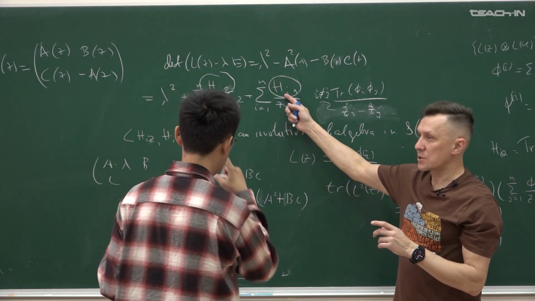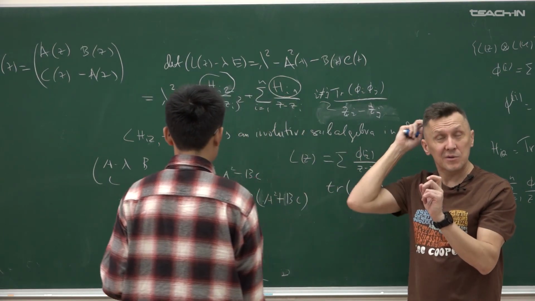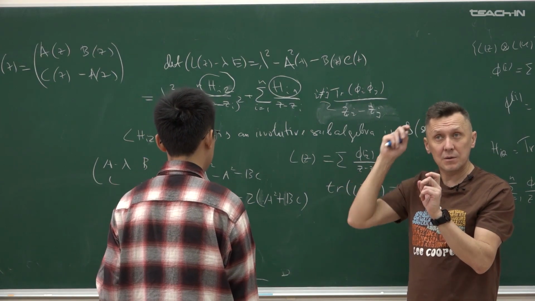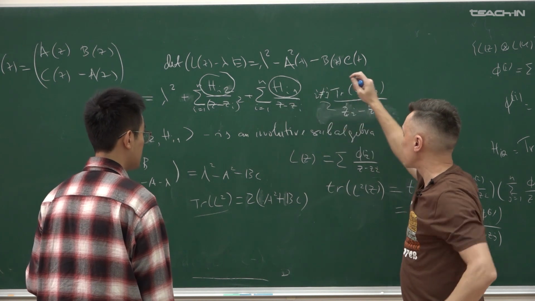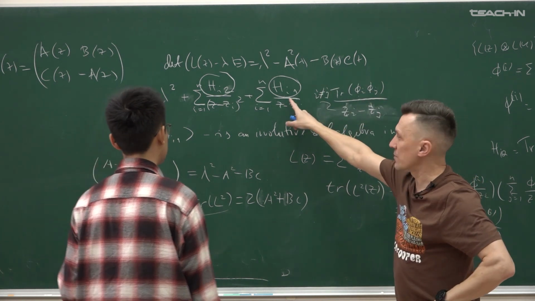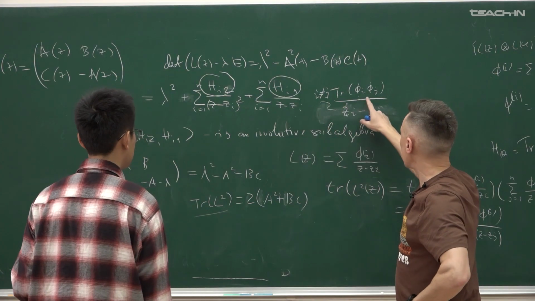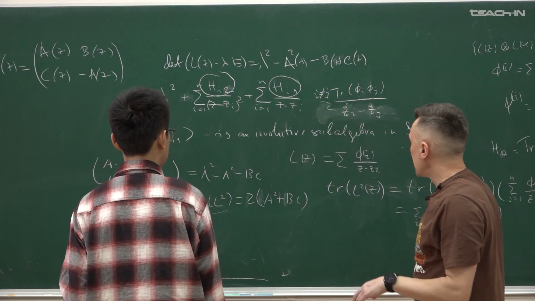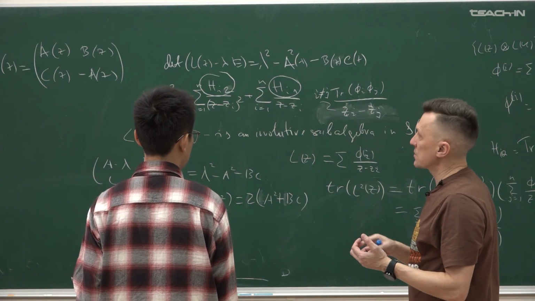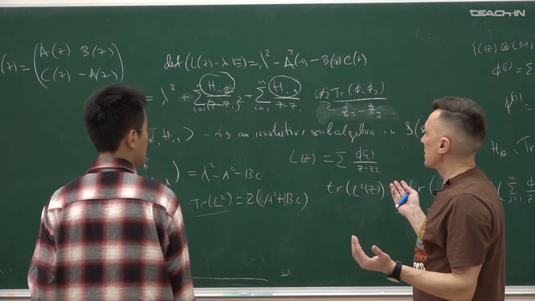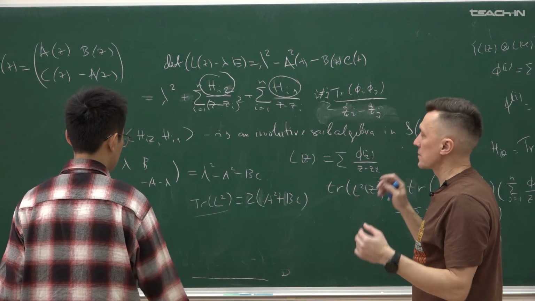But these functions, how to say, they depend on different copies. So you see, this is an expression of this type. Okay, let us calculate the number of Casimir functions. Is it sufficient?